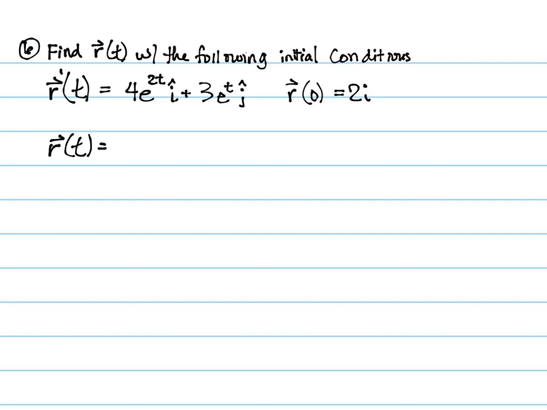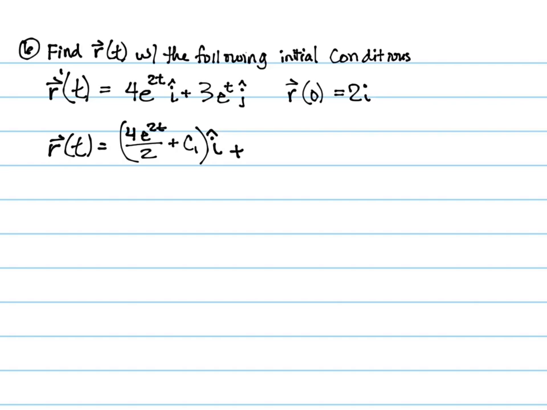What's the antiderivative of e to the t? It's e to the t. And the coefficient on the t of this one, the 2, means that it's going to be a division factor instead of being a multiplication factor, which is what we get if we were doing a derivative. So while we have a 4e to the 2t, it will end up being divided by 2, right? Okay, so this is this plus c1, and all of that is i.